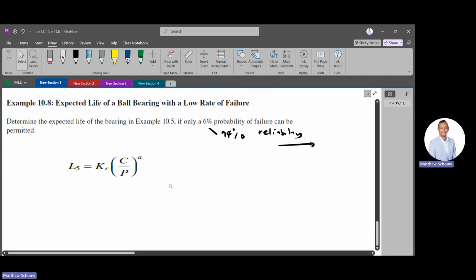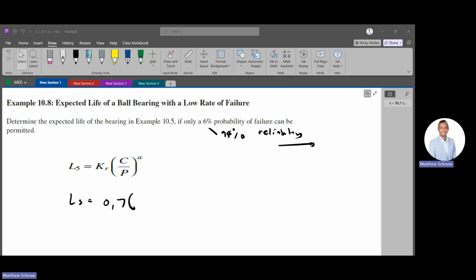So now, I'm not sure of the notations of 5 and 10. I just have to look at Shigley again. So again, we know what our C was as per 10.5. I believe that was 35 point something. We're basically applying the same set of thinking here.